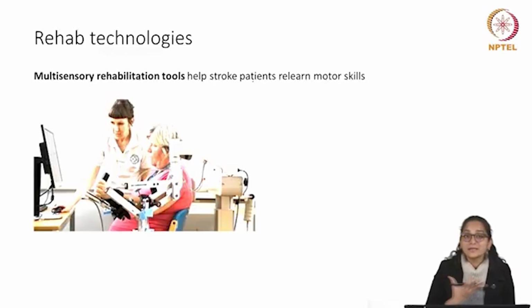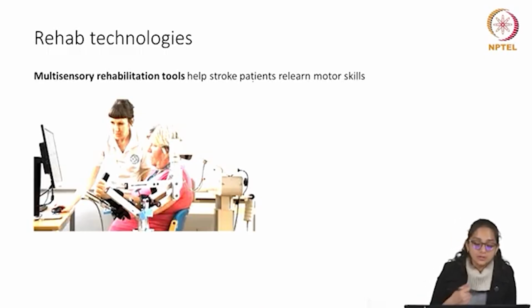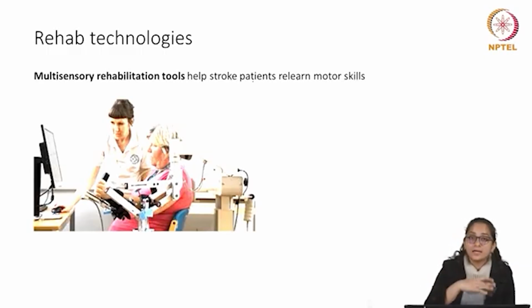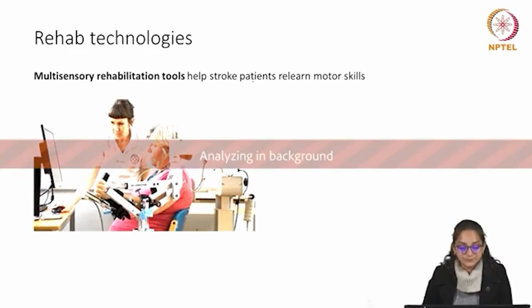Then there can be rehab technology, so multisensory rehabilitation tools. They help stroke patients to relearn motor skills. So there is a screen-based system, there's also audio guidance, and there is also motor guidance, where a robotic arm is guiding the hand for writing.